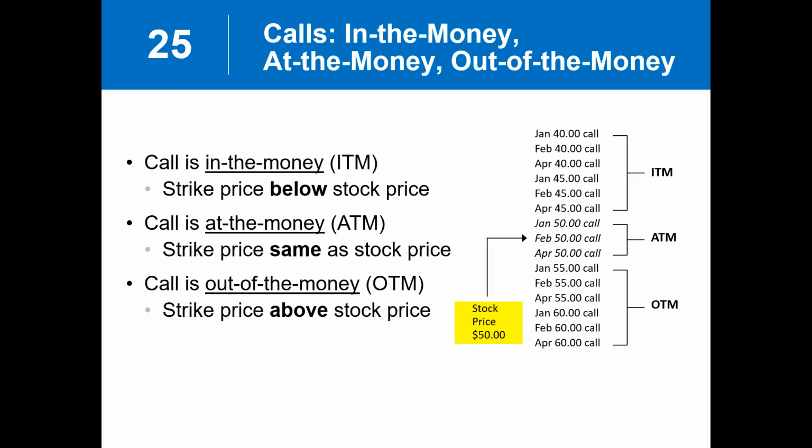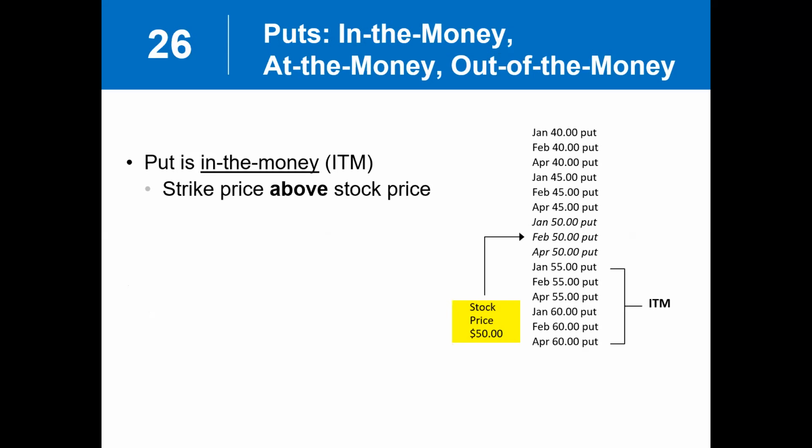Well, if it went to 70 and you had a 60 call, that call would then be worth $10 plus whatever time value was left. So that's why there are so many strikes around the price of the stock, because things do happen. So that's the call side: in the money, at the money, and out of the money.